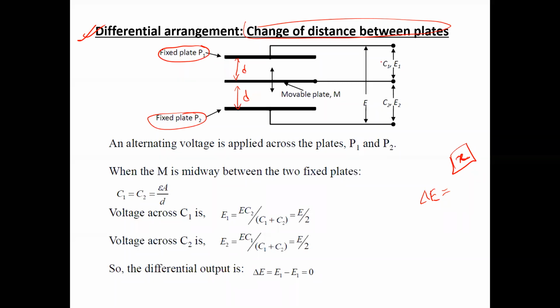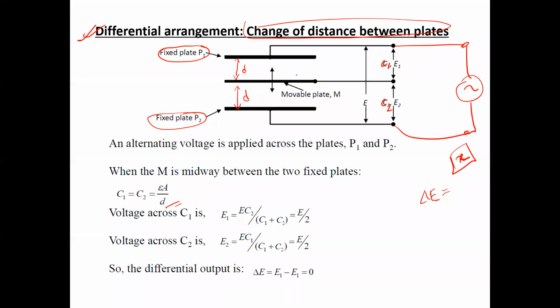So the capacitance C1 and C2 between the upper plate and the movable plate, and the lower plate and the movable plate respectively, are going to be equal, as the distance is same. So as a result, if the upper and the lower plate, which are the fixed plates, are connected to a supply voltage, then depending upon the position of the movable plate, the voltage across both the capacitors C1 and C2 will also change.